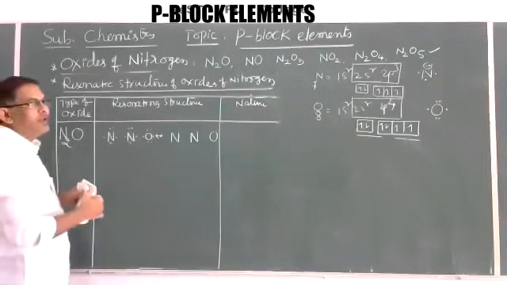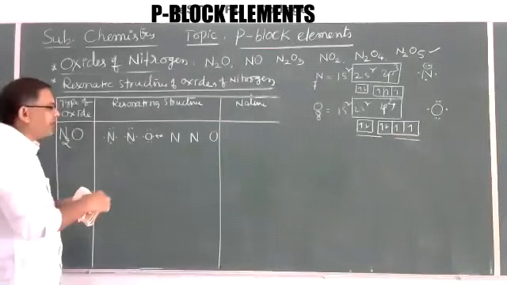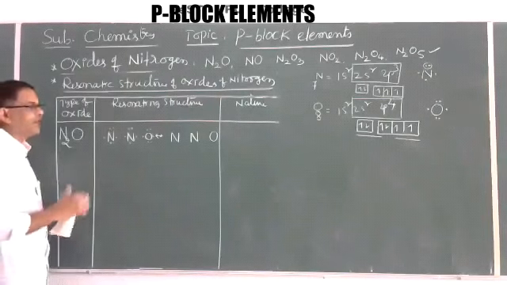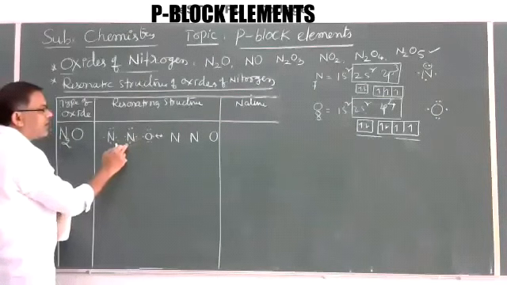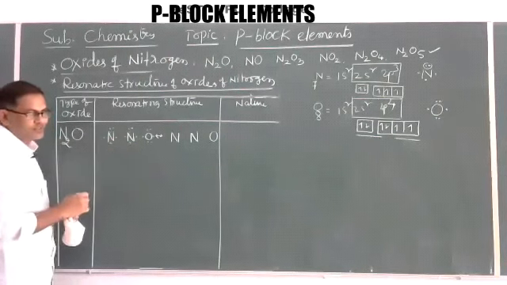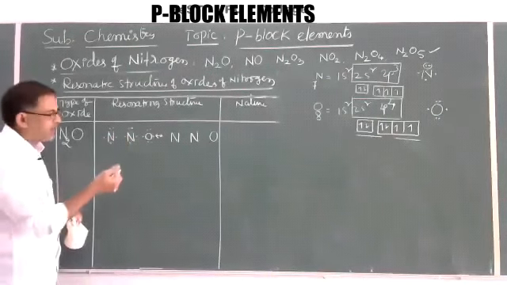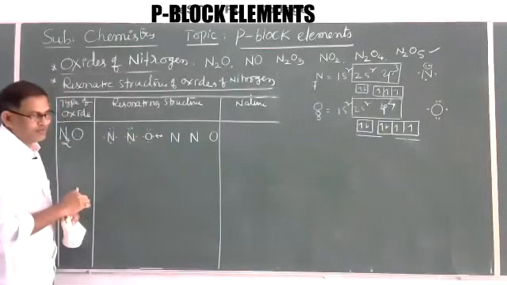For our convenience, to get the stable octet electronic configuration, we can take sharing between the two atoms of elements. For example, listen here, these three I'll connect with these three, it forms a triple bond. Nitrogen always forms a triple bond. Again, forming one double bond is not possible.